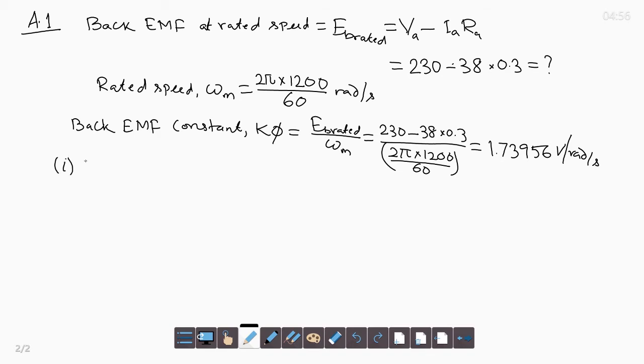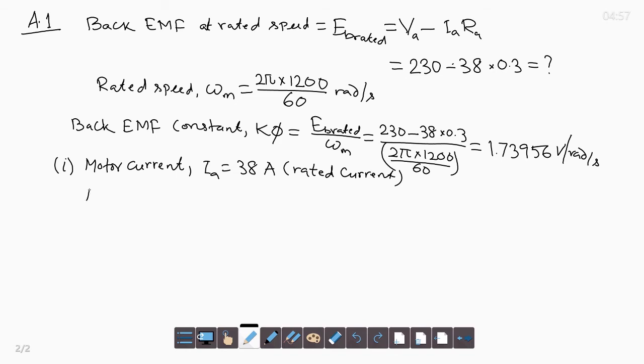First bit, motor current IA is 38 ampere as the current is rated current. So, torque depends upon the current only. Back EMF constant is the proportionality constant.